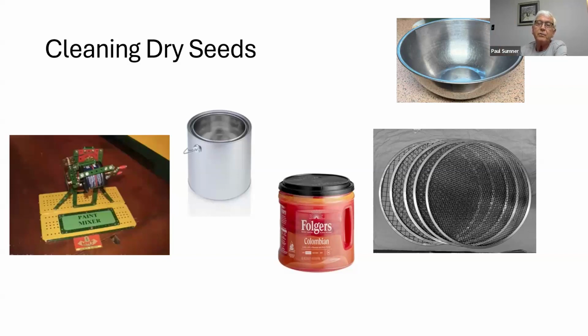Once you've done that, you can run the seed through some strainers or sieves. Another way of getting the seed out of the pods, rather than doing it by hand, is putting them in a can with a few rocks, or even without rocks, and just shaking them, with a lid on, obviously.